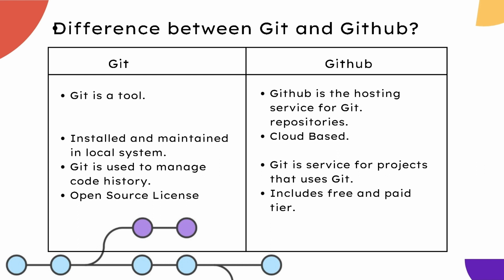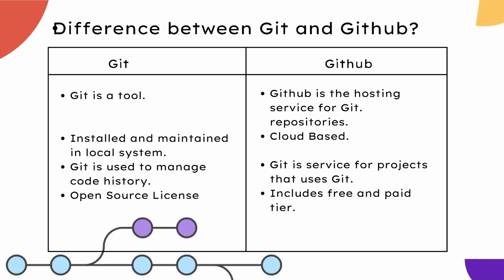If you push your changes into GitHub, it means your changes are now in the cloud and not just in local. If that repository is public, it will be visible to all the developers across the world.